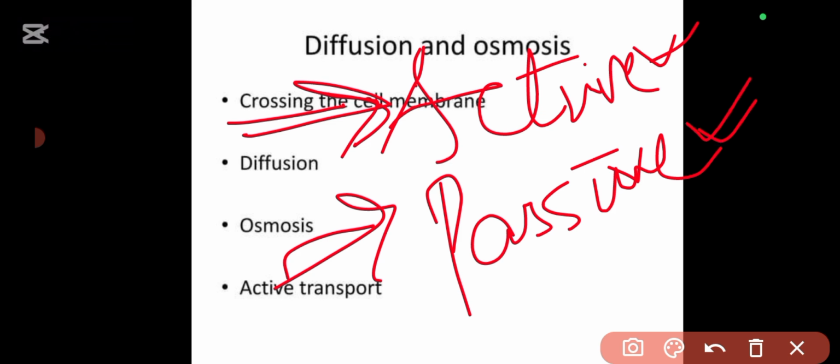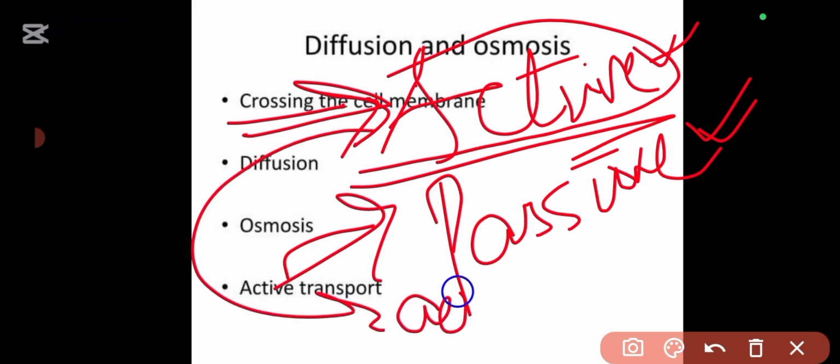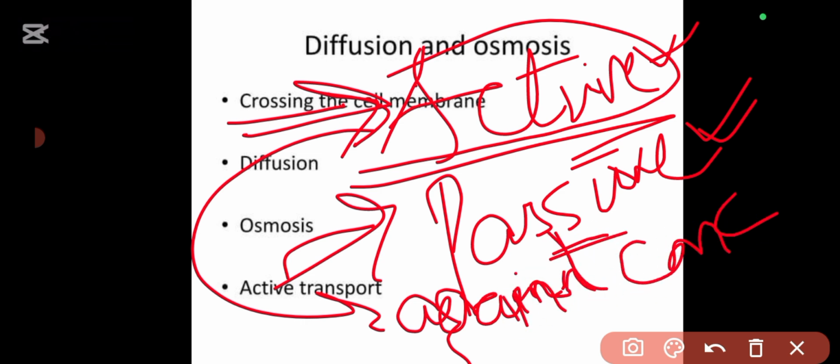Active, passive, okay? Now, if you say something is active, it means it requires effort, energy. So active transport is the one that requires energy. And the way we define active transport is that it is movement against a concentration gradient.